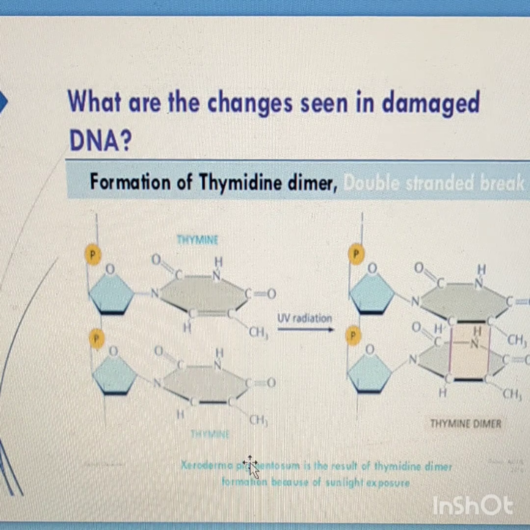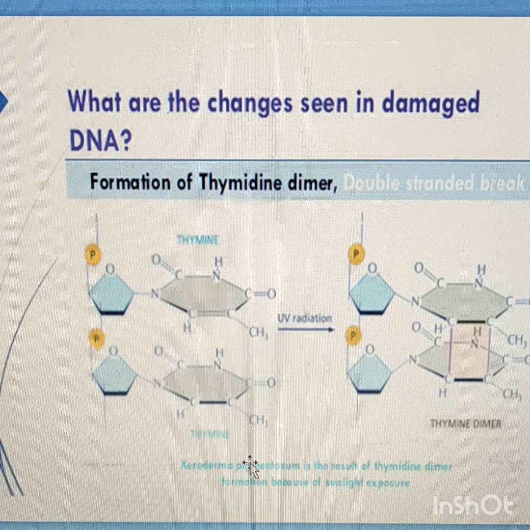Many of the genes related to Xeroderma pigmentosum are part of a DNA repair process, that is nucleotide excision repair. Xeroderma pigmentosum is an inherited condition characterized by an extreme sensitivity to UV rays from sunlight.